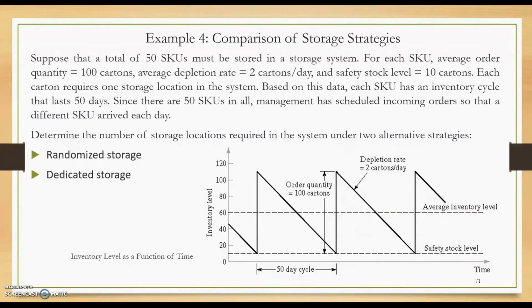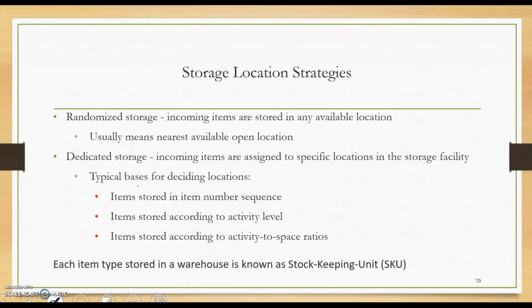In example 4, the problem is to compare between two storage strategies, between the randomized storage and the dedicated storage. Before that, what are the differences between the randomized and the dedicated storage? For randomized storage, the incoming items are stored in any available location, normally the nearest available open location.